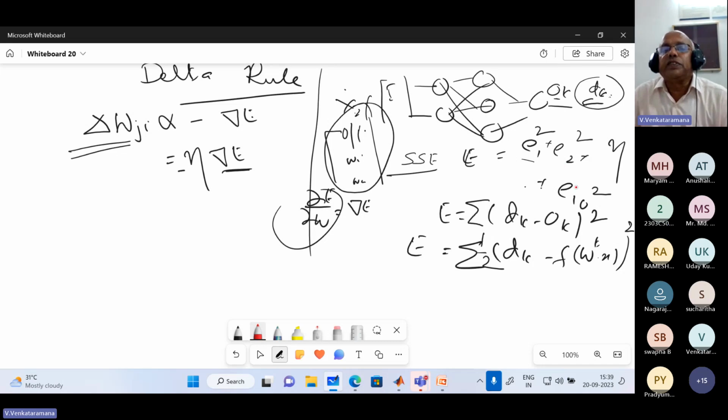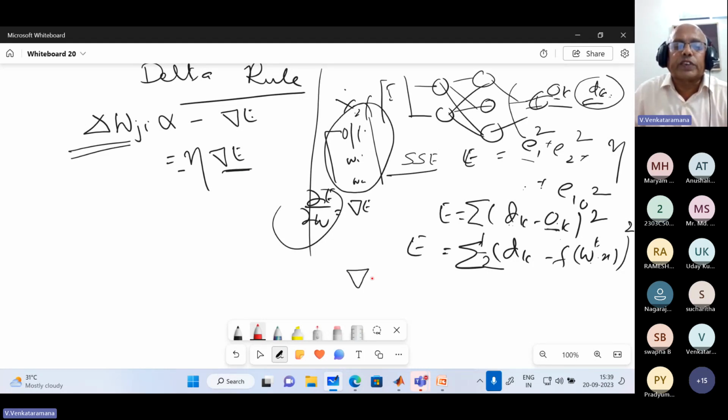The error is the summation of dk minus ok, whole square, where Ok is a function of W transpose x, the net. Suppose we use a sigmoidal activation function; the output is 1 by 1 plus e to the power of minus net. Suppose this is my error, I want the gradient of the error.